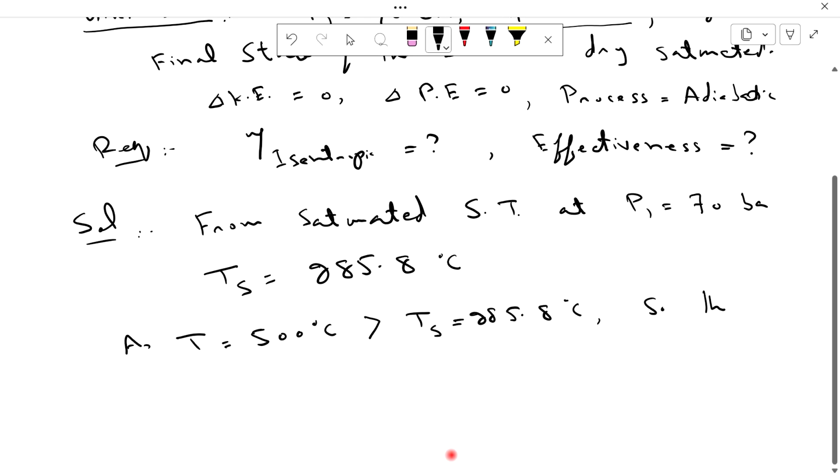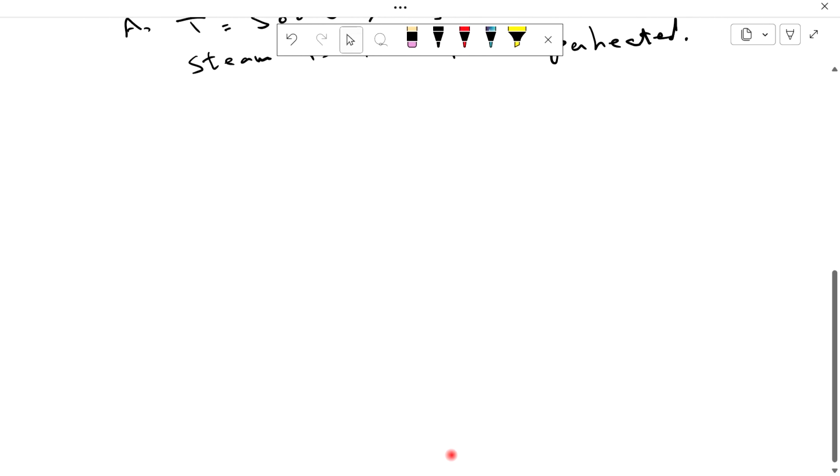So the steam is initially superheated, because the temperature given to us is more than the saturation point.